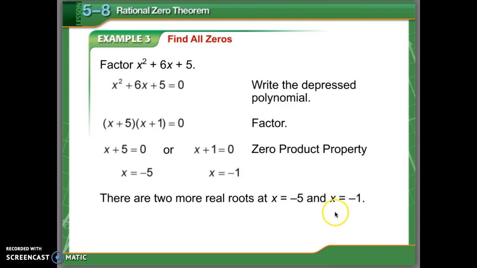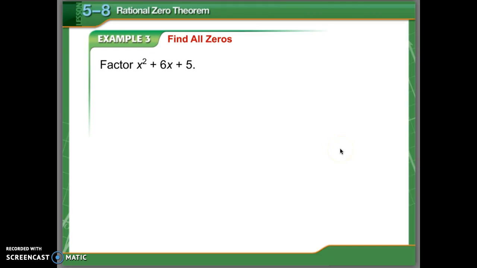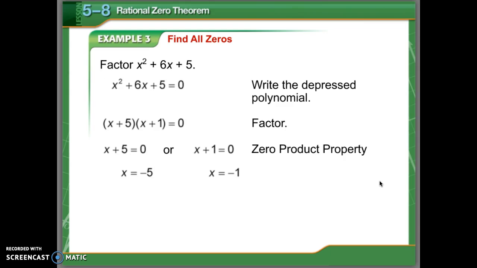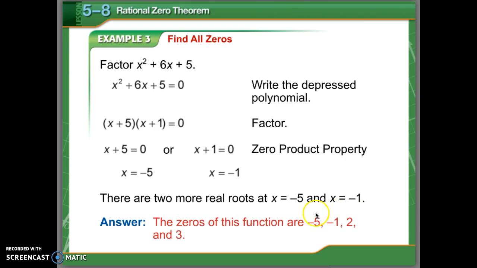Our first answer was 2, our second answer was 3, and now we've got the last 2 answers. So our 4 answers, again, -5, -1, +2, and +3.